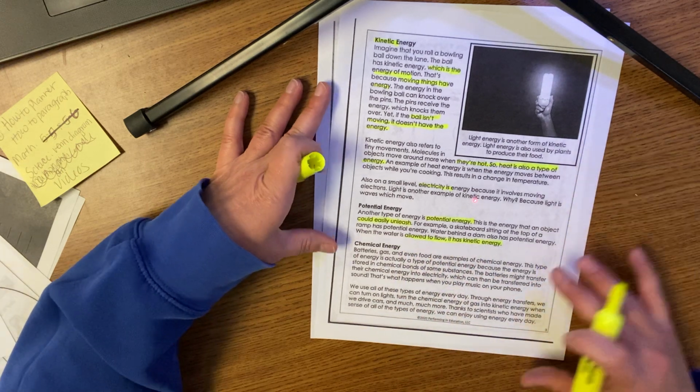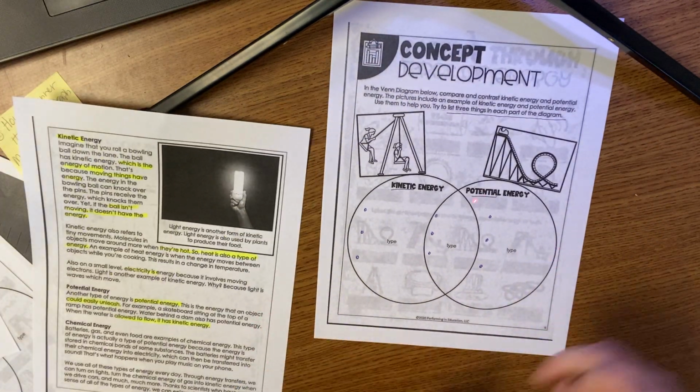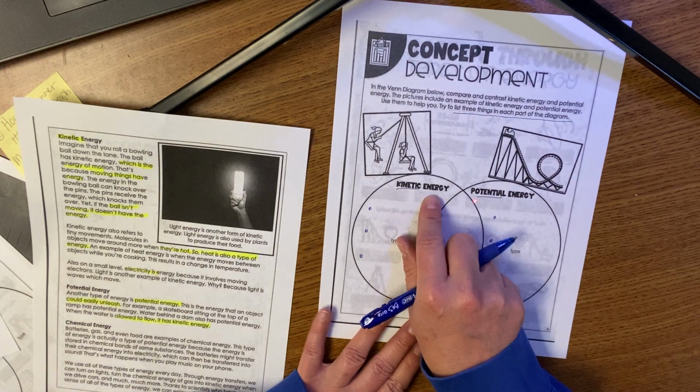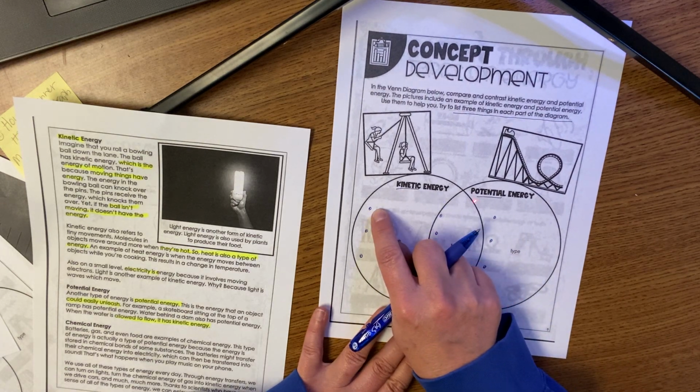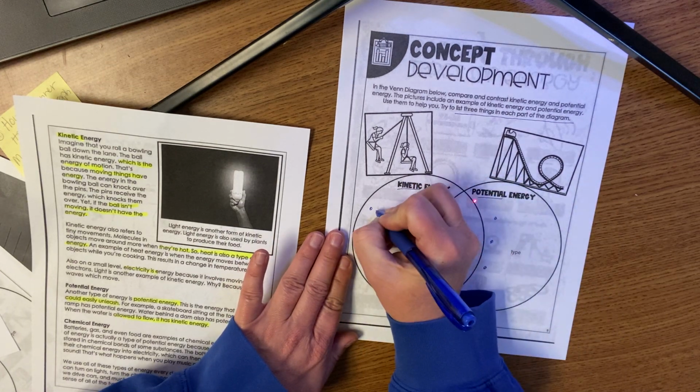So now we need to look at our Venn diagram and write some things. So I'm going to write for kinetic energy that it is the energy of motion.